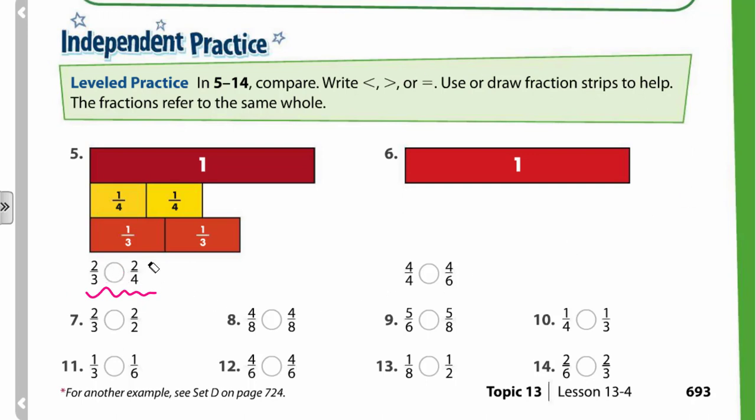And let's see the model. We have a model here. The 2/3 is the orange, right? Yeah. And the 2/4 is the yellow. Which takes more space? Which is bigger? 2/4 is bigger.